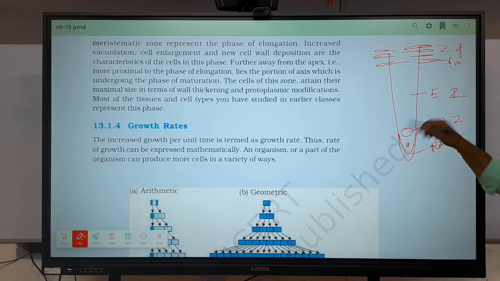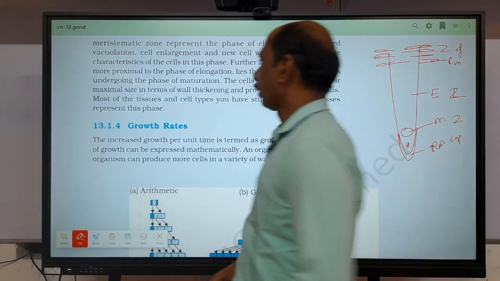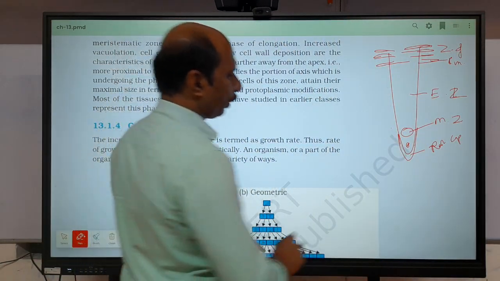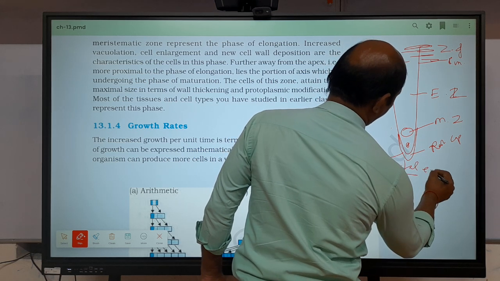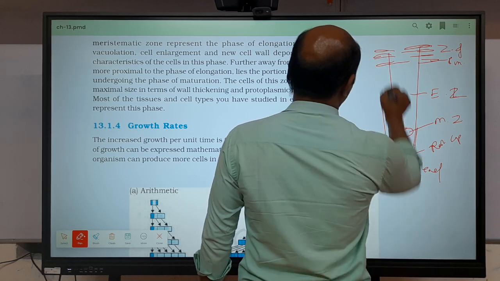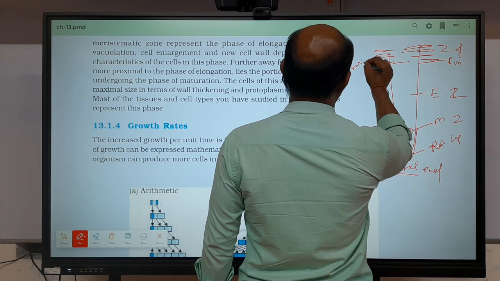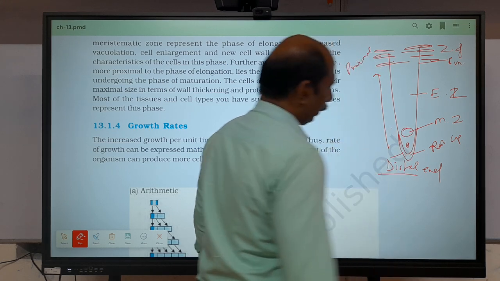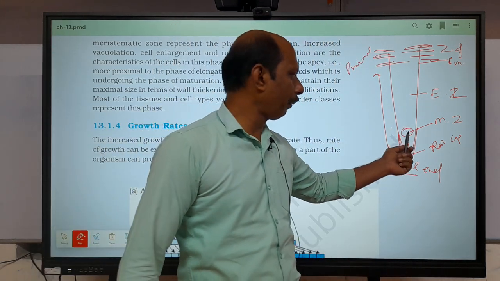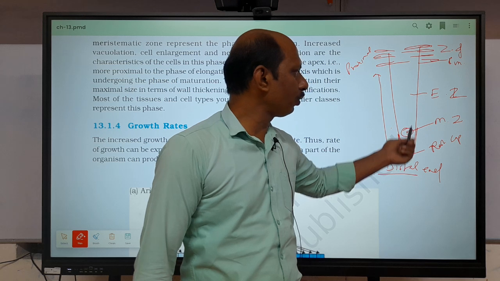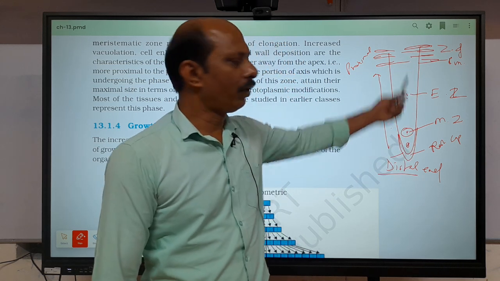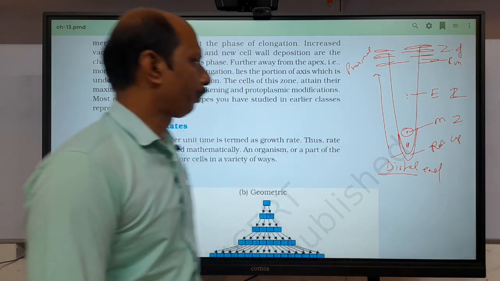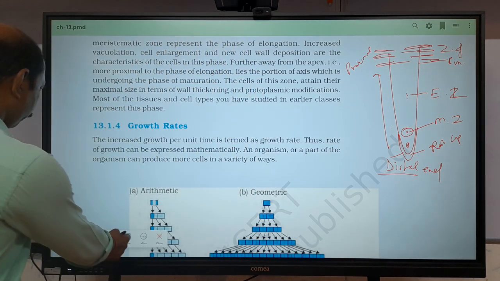Proximal means what? Look, this is the distal end, and this side is proximal. Proximal to the root cap we have the meristematic zone, proximal to the meristematic zone we have the elongation zone, and proximal to elongation we have the zone of differentiation or maturation zone, okay.